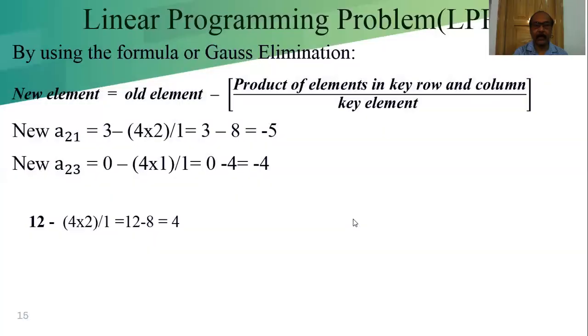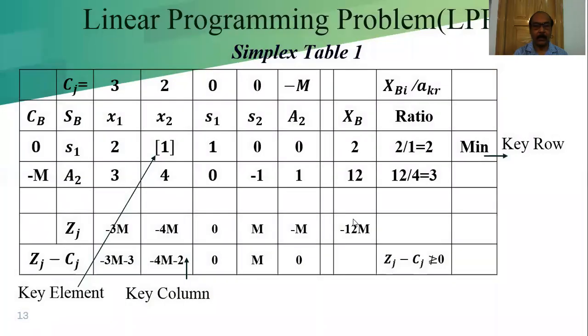In the previous table it was 0 and minus m into 12, that means minus 12m. But finally, m should not be present. If m is present, that means an artificial variable is present in the basis. Otherwise, we cannot have m in the final objective function value.